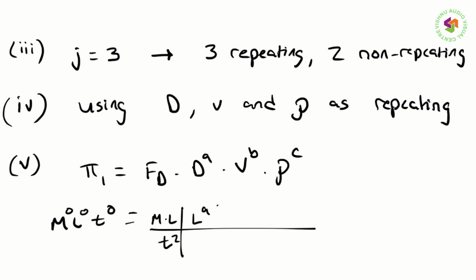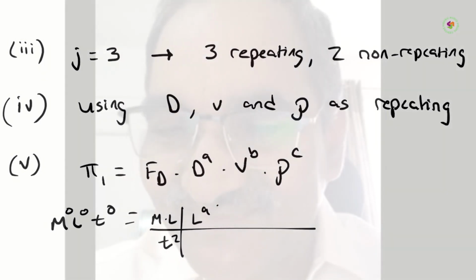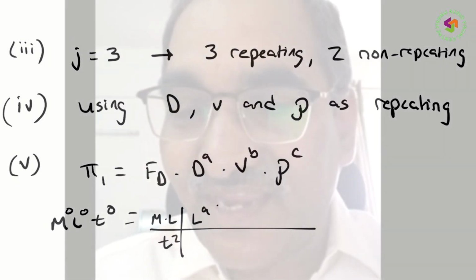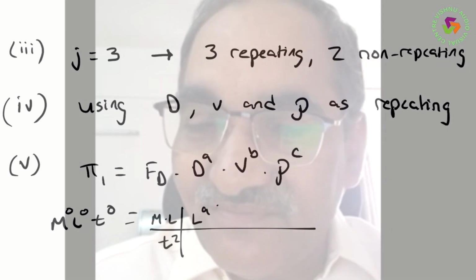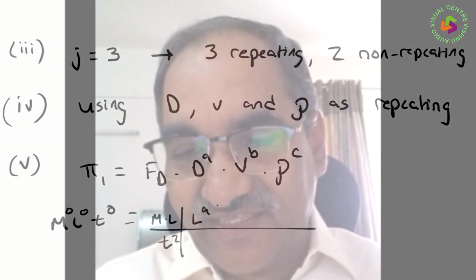But if the number of variables increases and the number of equations available is limited to only 3, then the method becomes cumbersome, tedious, and difficult. So if the number of variables is more, then the Buckingham Pi method is adopted for dimensional analysis.